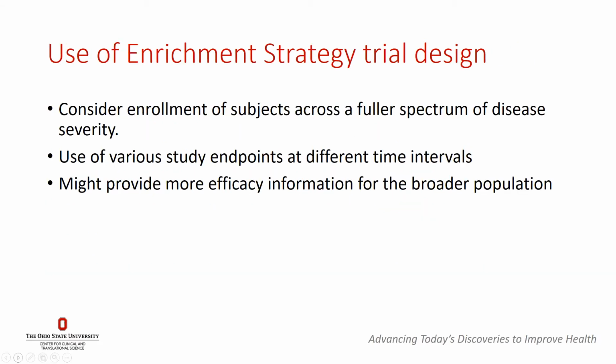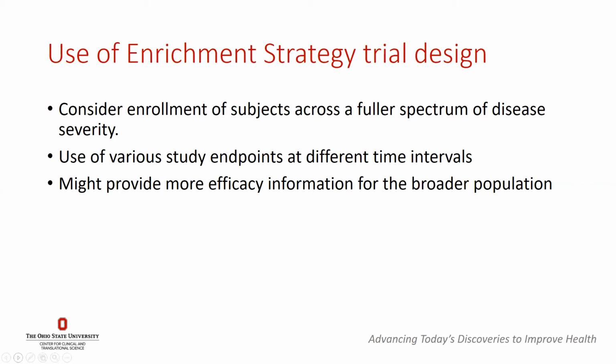They also talked about in the document the use of enrichment strategies to your trial design. One of these is considering enrollment of subjects across the fuller spectrum of the disease severity. So, for instance, they gave the example of a cardiac disease, that you limit the severity of the disease.